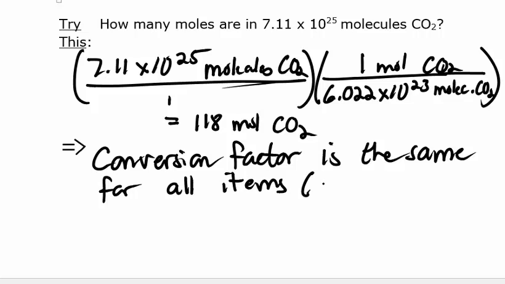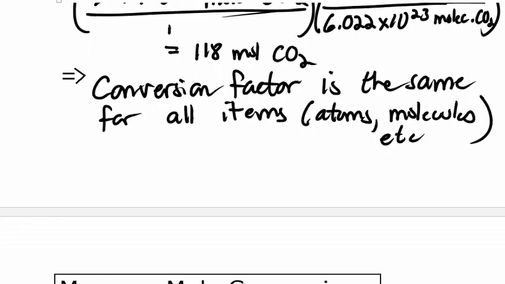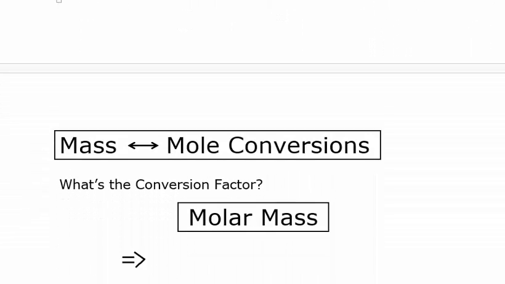And generally that will be any atoms, any molecules, but it could be anything else. Could be bananas, could be porcupines, any counts of anything. If we want to go between moles and counts, it will be Avogadro's number.